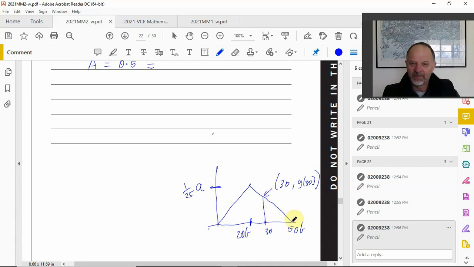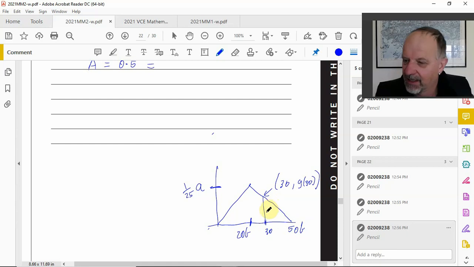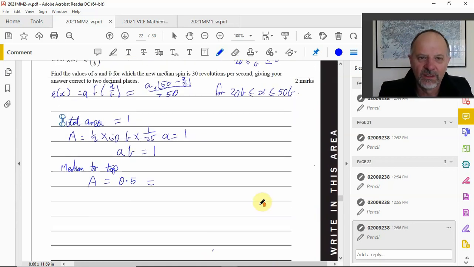Half the base is 50b minus 30, and then we've got this height, which I will put into the function. So we've got a half of your base, 50b minus 30, times the height, and the height is when x is 30.